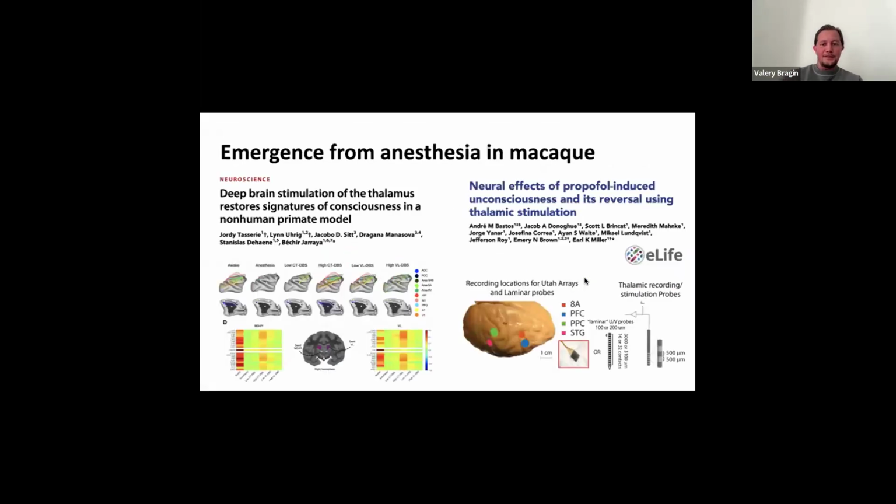And also, this is more instrumental for building computational models, there is a consistent effect of stimulation of almost the same thalamic areas in model organisms like rodents, and especially in non-human primates, like, for example, macaque. I think it's not easy, perhaps not ethical, to induce disorders of consciousness in macaques, like coma or minimally conscious state.